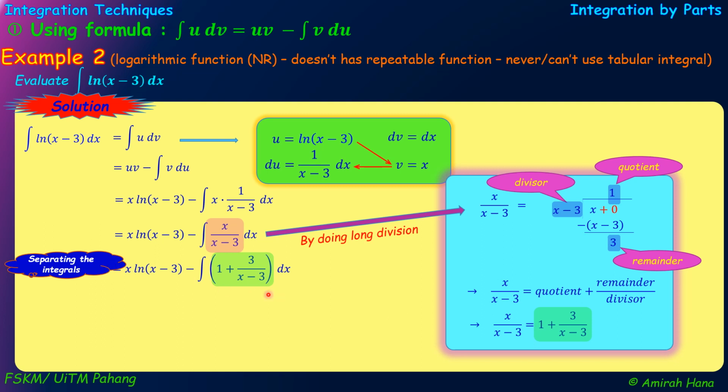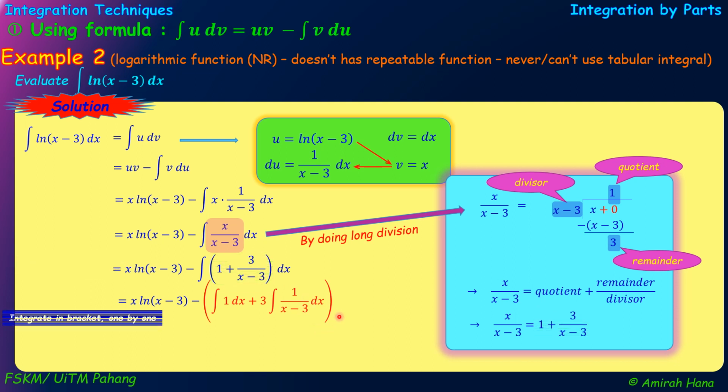And from here, we can separate the integrals. So we have x ln x minus 3 minus, we separate this, so we have the integration of 1 dx plus, we can move the constant 3 out of the integration sign, and then 1 over x minus 3 dx.